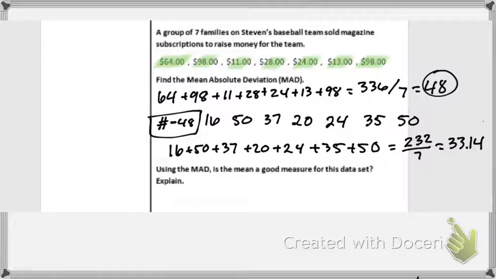So here, let's see. Here, since 33 is not a low number, but still not a high number, it's still lower than 50, right? So I would say this would be a good data set, but it could be better, right?